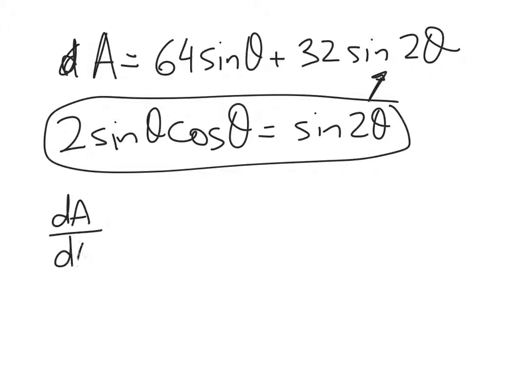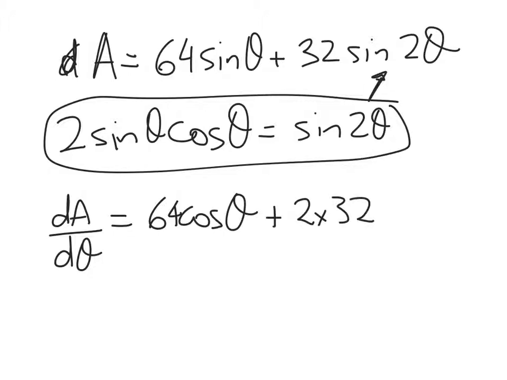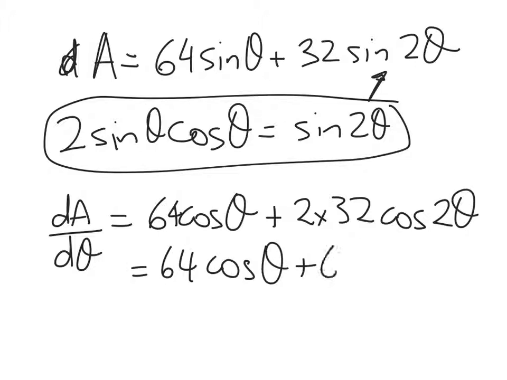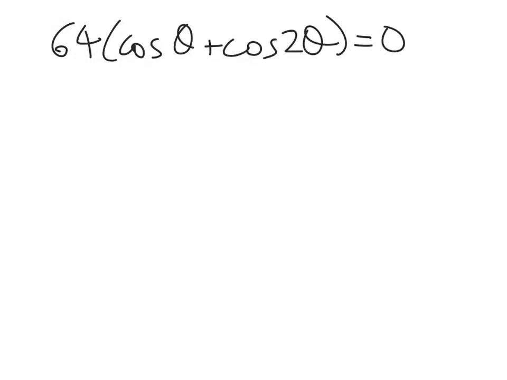Therefore, dA by d theta is equal to 64 cos theta plus 2 times 32 cos of 2 theta, 64 cos theta plus 64 cos 2 theta. And we need to set that equal to 0 and solve the equation. Right, so 64 into cos theta plus cos 2 theta equals 0.